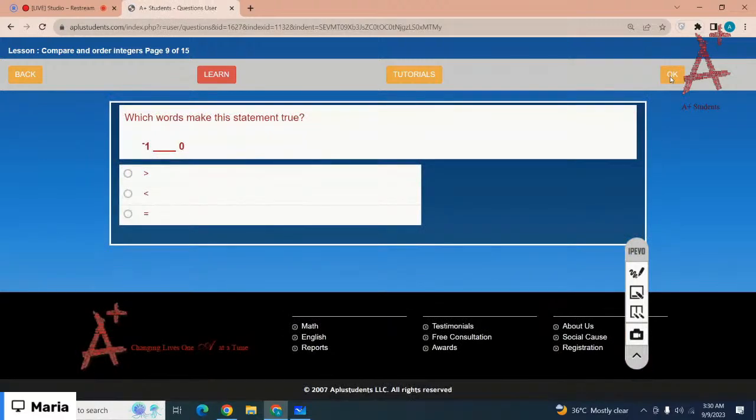Which words make the statement true? Negative 1 and 0. Negative 1 is less than 0.